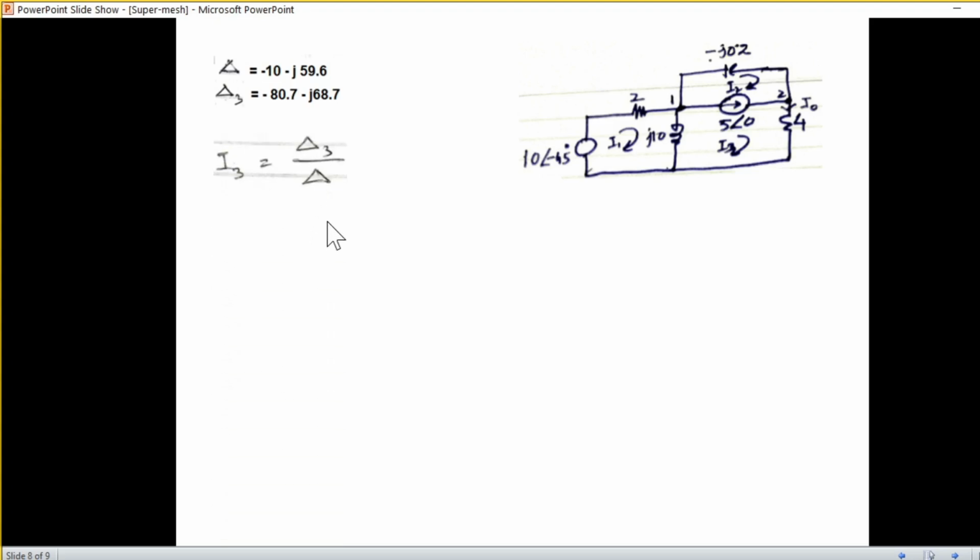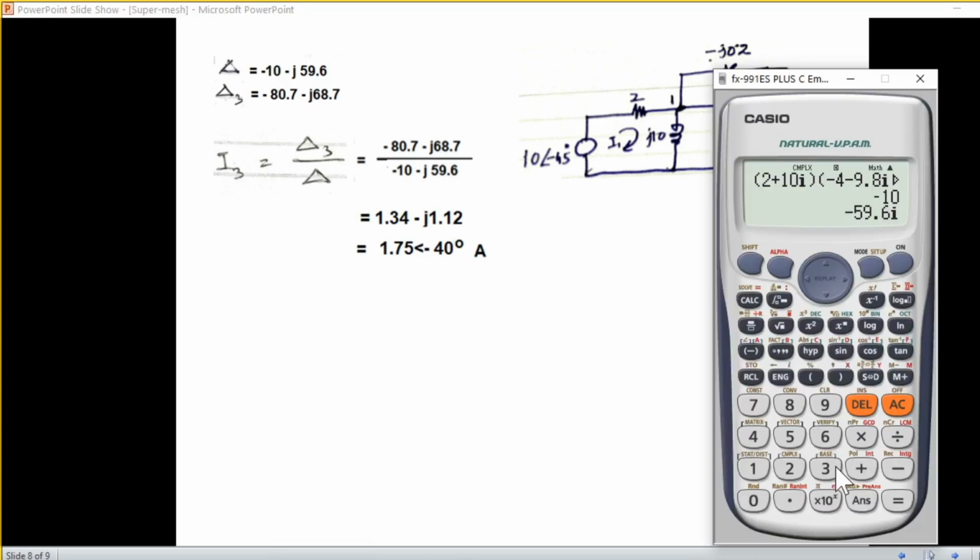For I3, we know this is the formula. Plugging in the values, again going into complex mode, we can directly solve this to find the value, and from there go to the polar form. Let me show you this again. So clearing this, this is the division part.